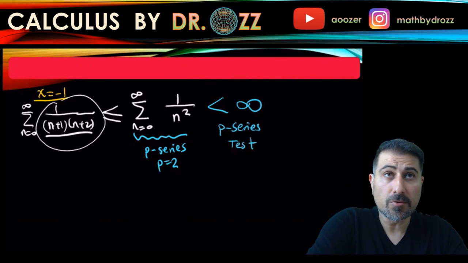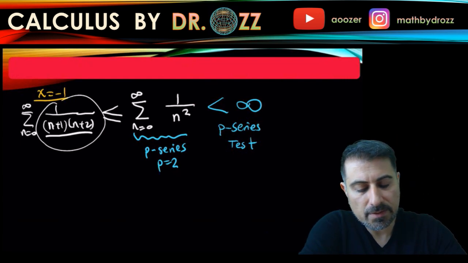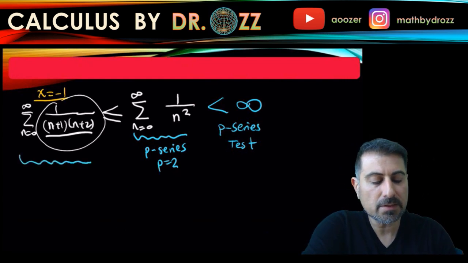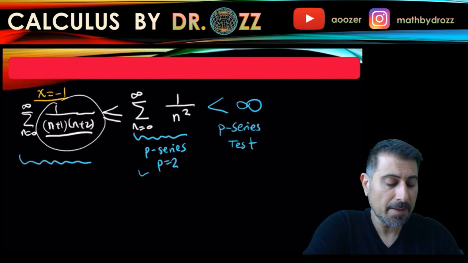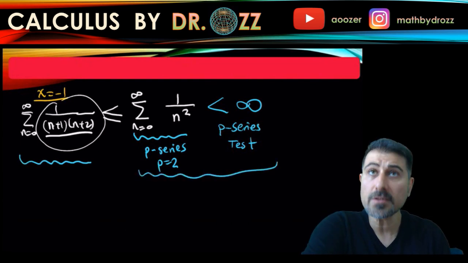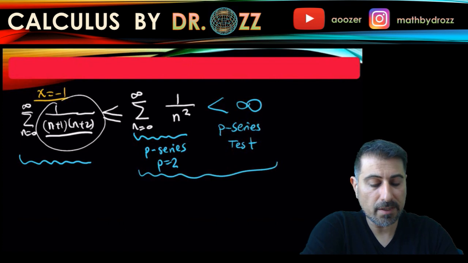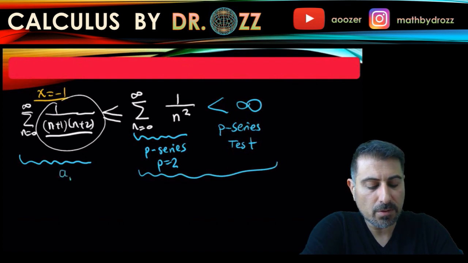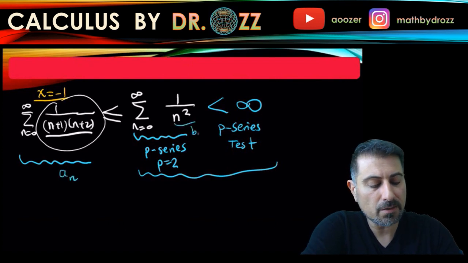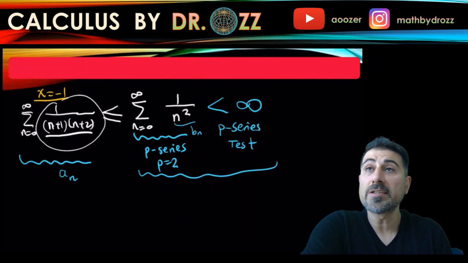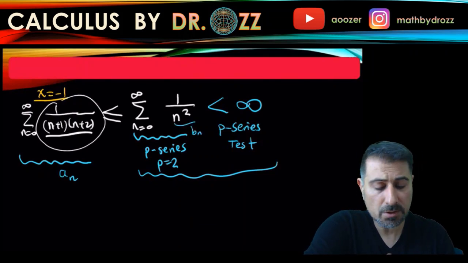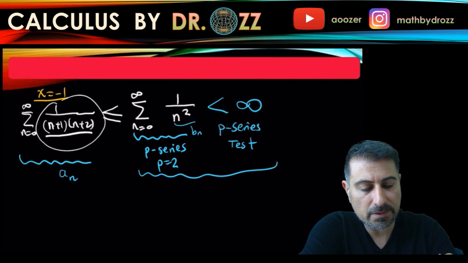So now I'm using the direct comparison test. Since the original series is less than something that is convergent, take this as bn if you want to. So series an is less than or equal to series bn, and series bn is convergent, so that implies that this series is convergent.